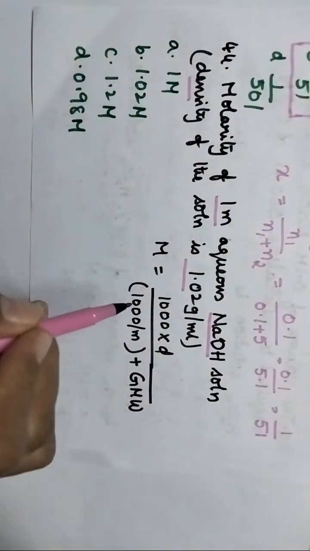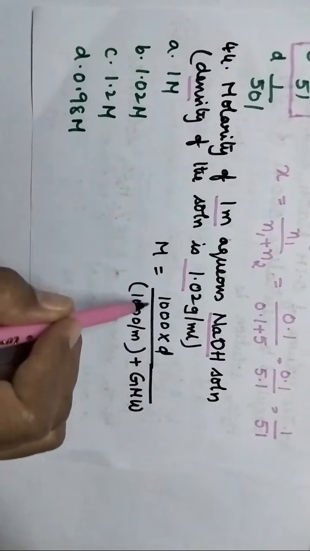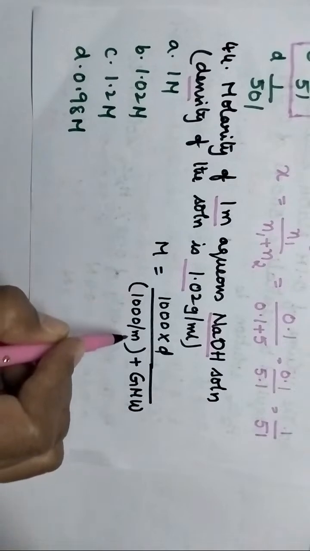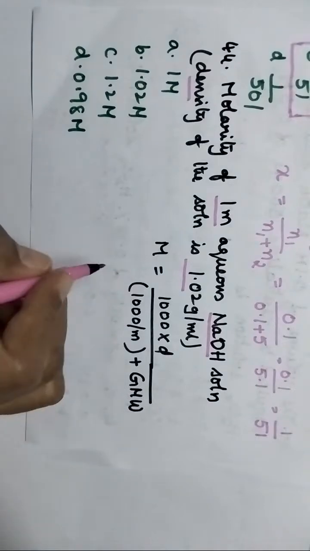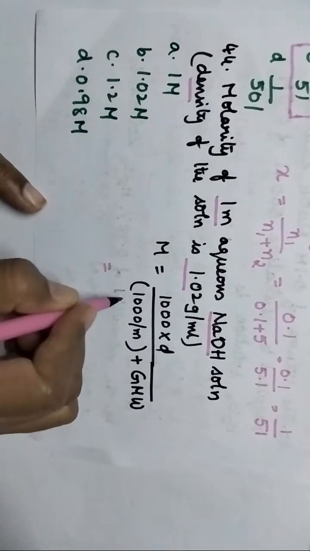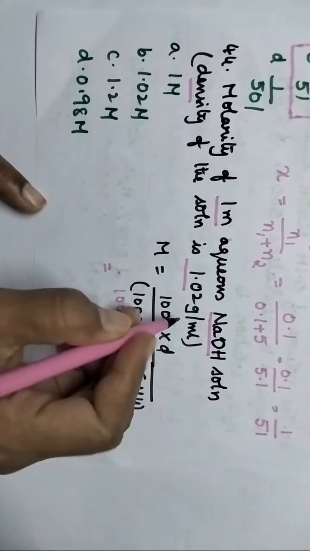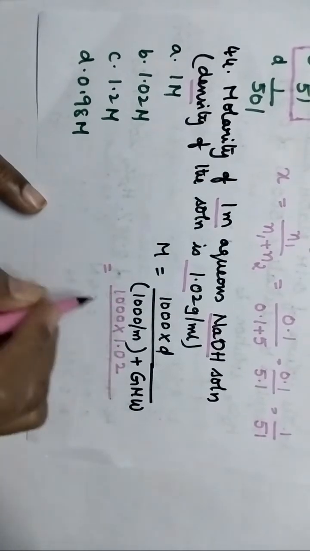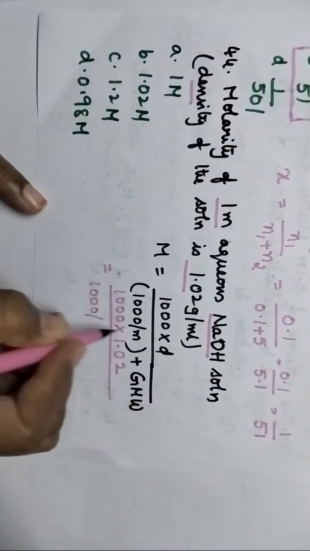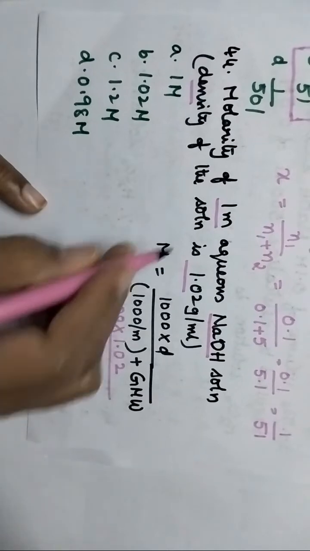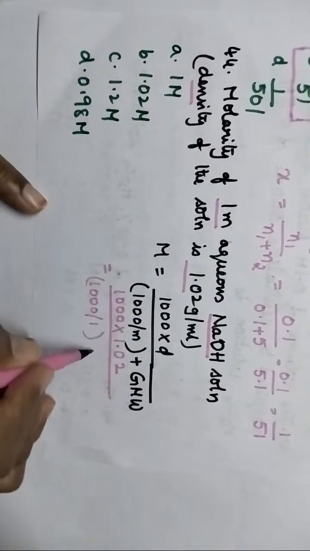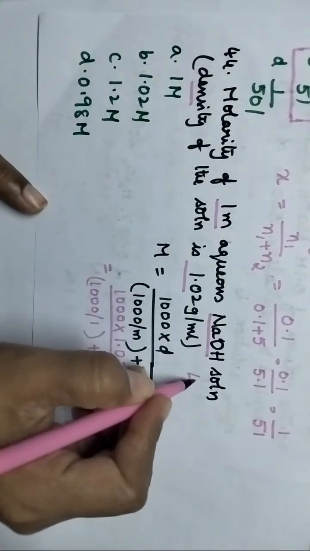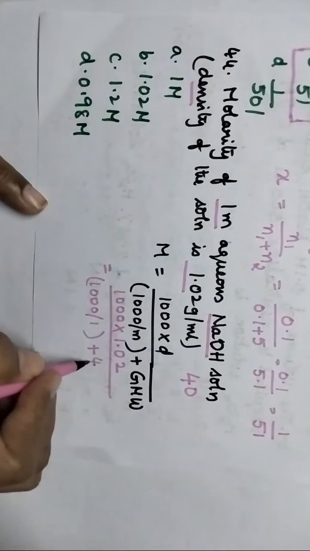So here we have to use the expression: molarity is equal to 1000 into density divided by 1000 by molality plus gram molecular weight. You just substitute the values. 1000 into the density of the solution, 1.02, divided by 1000 divided by molality. Here the molality of the solution is 1, plus the gram molecular weight of the substance, NaOH, which is 40.